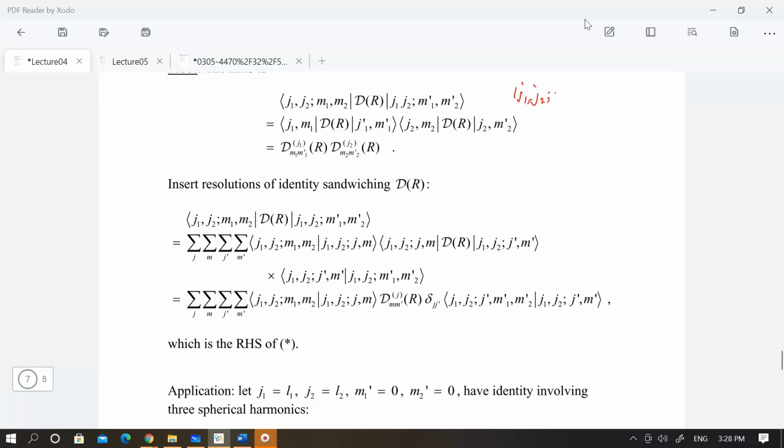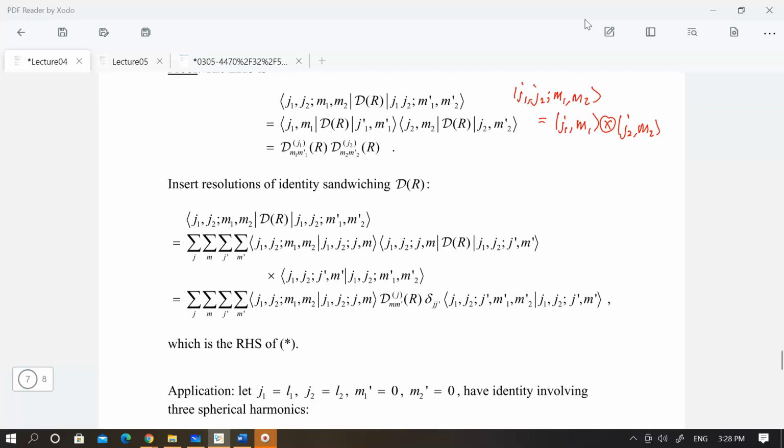This one is simply J1 M1 tensor product J2 M2. So this will be a matrix element in one Hilbert space, and another matrix element in another Hilbert space. So basically you get two matrix elements.